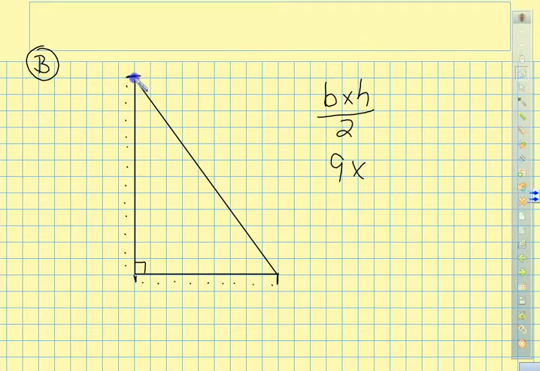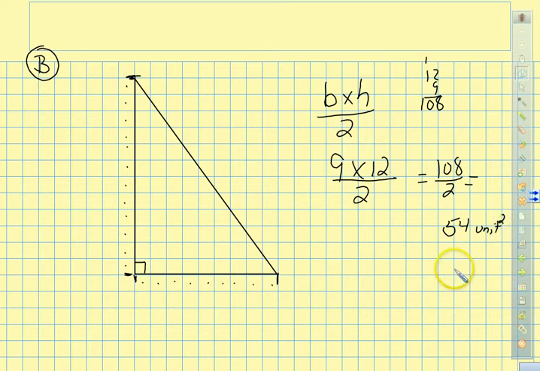Again, we're going from the top of this to the bottom. So times 12, and we're dividing that by 2. So 12 times 9, we get 108, divided by 2 to get my 54, and it is units squared.